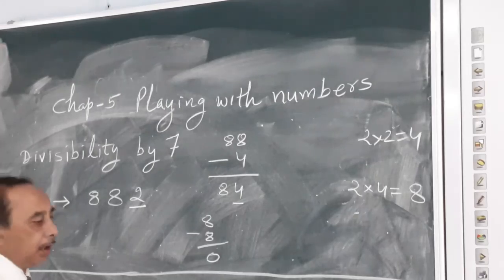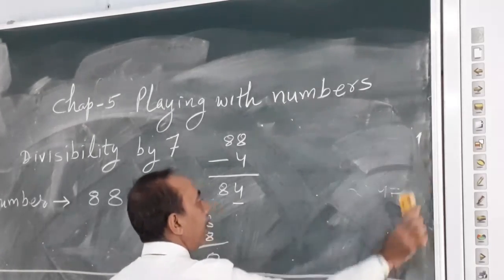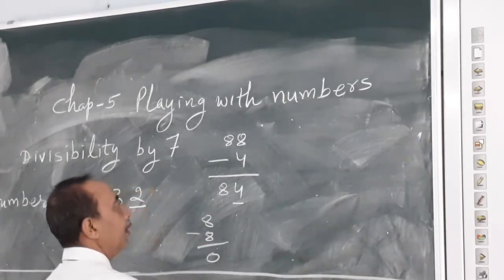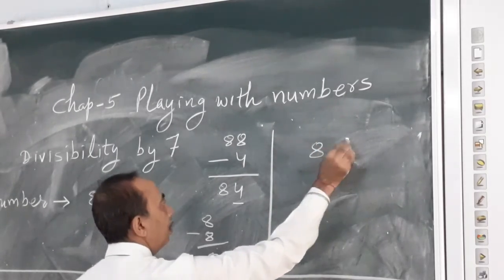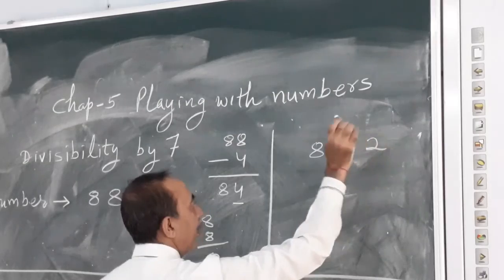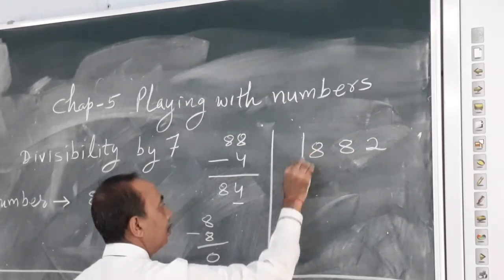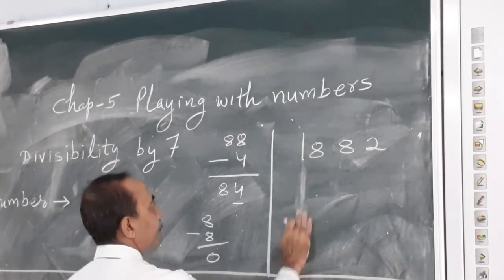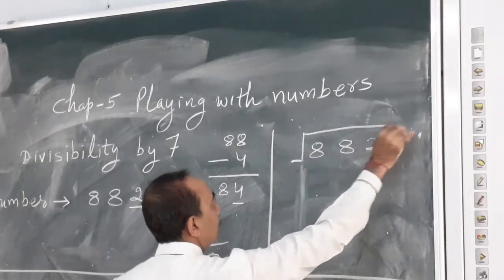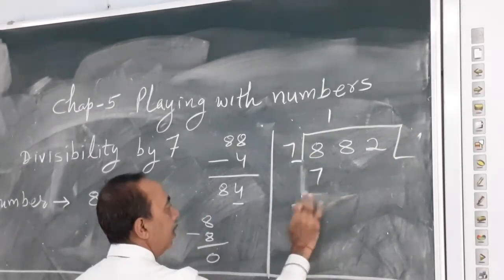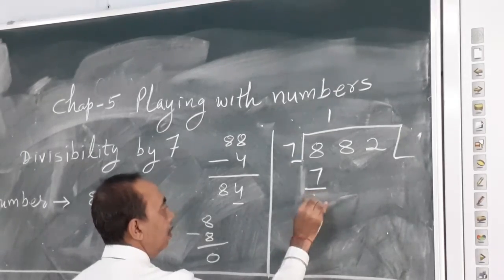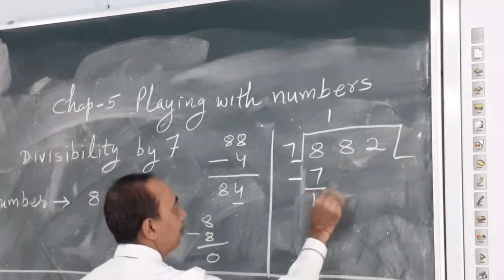We can verify it by dividing. This is the verification only. 8 divided by 7, 1 remainder, 8 brought down.